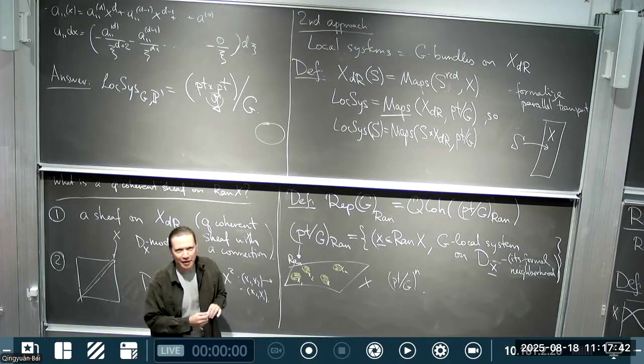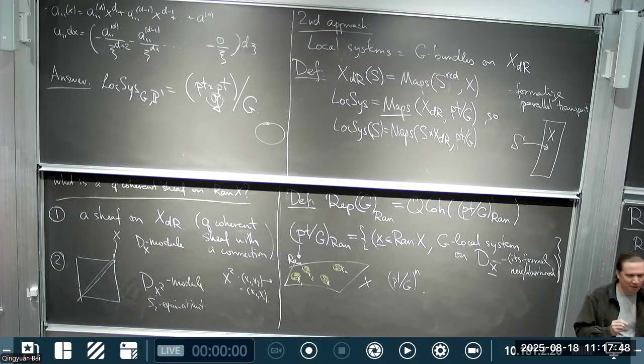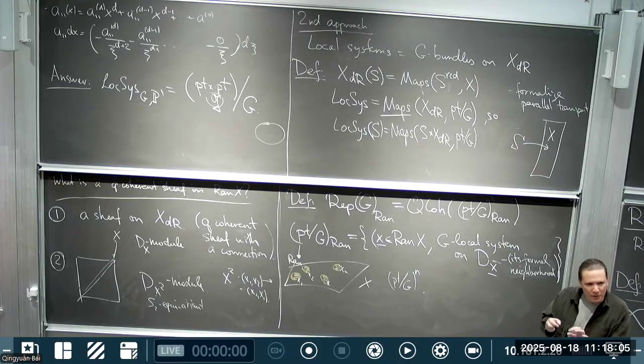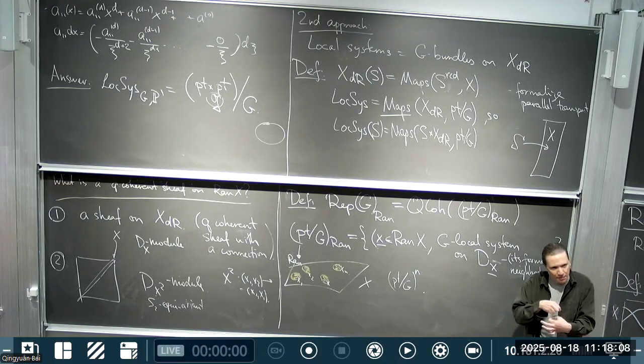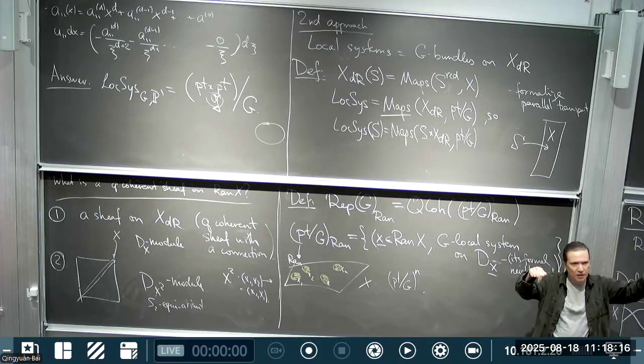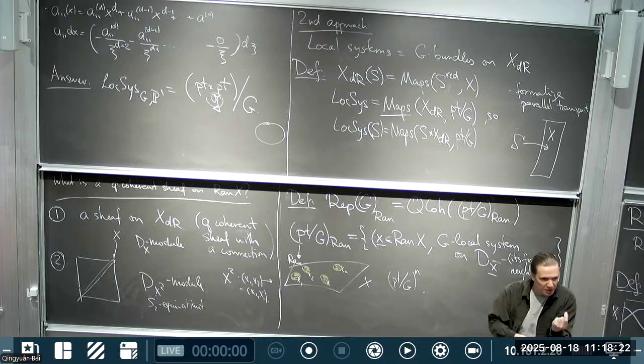So now I don't know if I answered your question. If here the formal neighborhood of point X is replaced by the point X, well, if you talk about local systems, you want to be able to differentiate things. So that's why I prefer to think about formal neighborhoods. And this is really important for Ran space, because if you just think about individual points, and point 1 and point 2 collide, then you get a point with multiplicity 2.